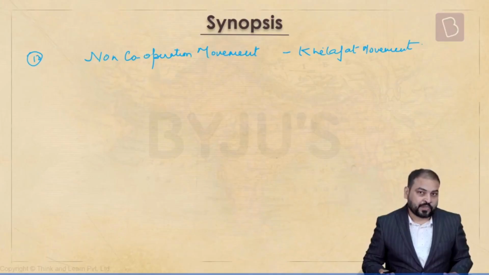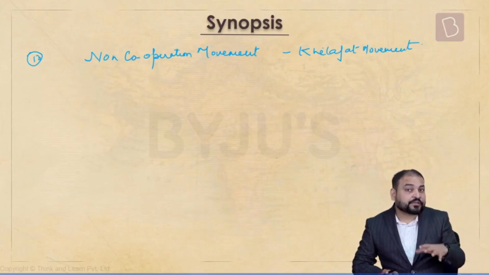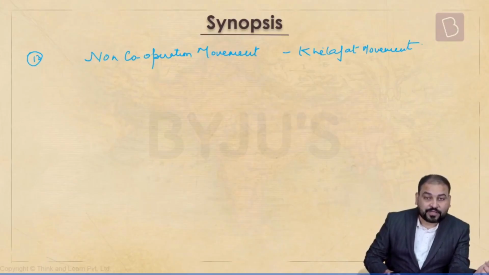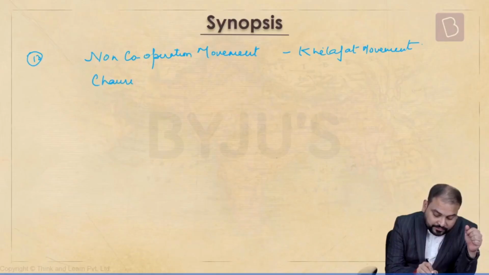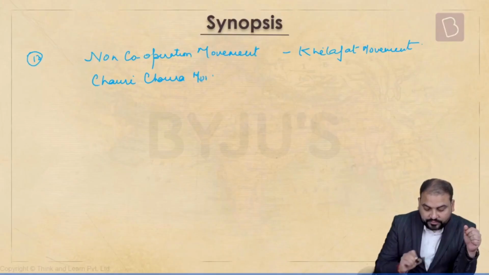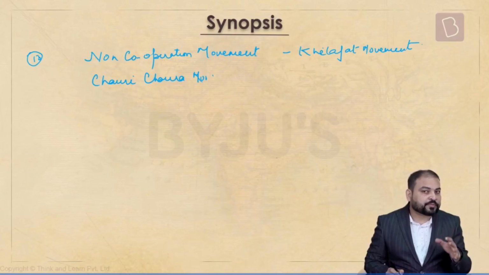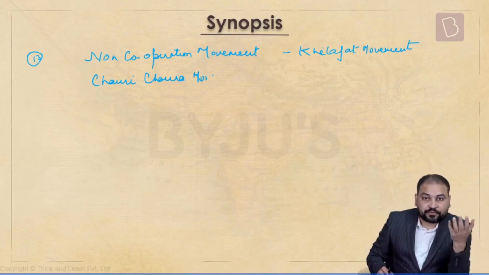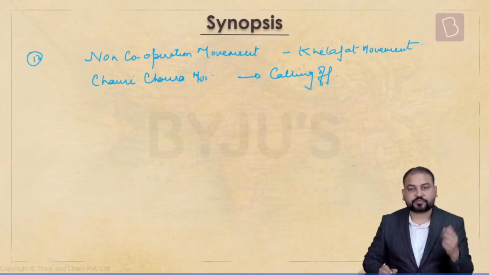Now, as you all know, the things that will happen here will be very much what you would have seen in the Swadeshi and boycott movement. But then this movement will end with an incident, your Chauri Chaura incident. Some policemen will be burnt by the Indian people, and after this, Gandhiji will be calling off the non-cooperation movement.